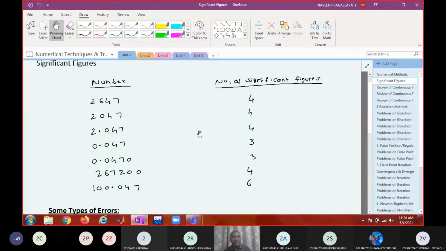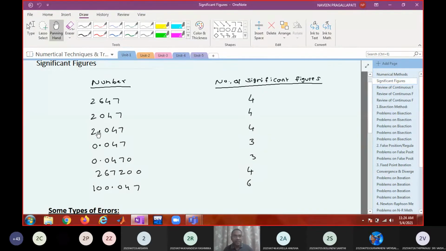And how this is useful: when you are solving a problem using a numerical technique, you may be asked to give the solution correct to four decimal places. You may also be asked to find the solution correct to four significant figures. In this case, how many significant figures are there? 1, 2, 3, 4.